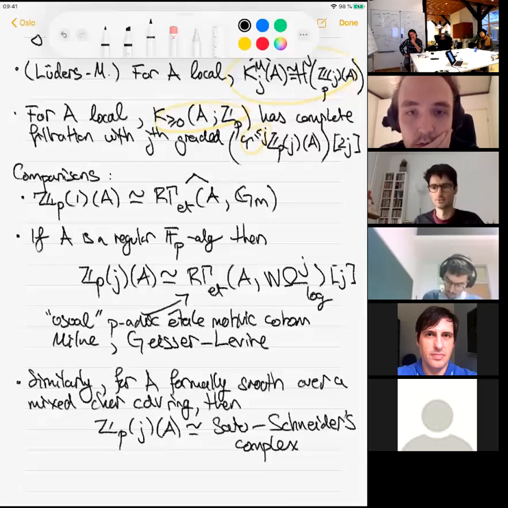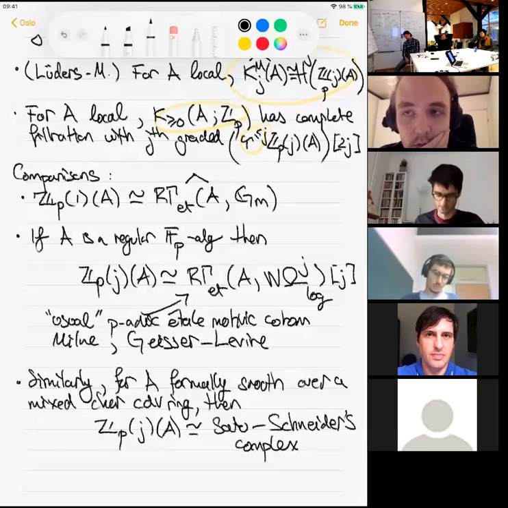But p-adically, you don't really need to go through this machinery of Bloch's cycle complexes. You can just explicitly write down a guess at what the p-adic motivic cohomology should be. This is what Schneider and Sato have done. And again, one can check that the output of this general construction does collapse to that in this special case.